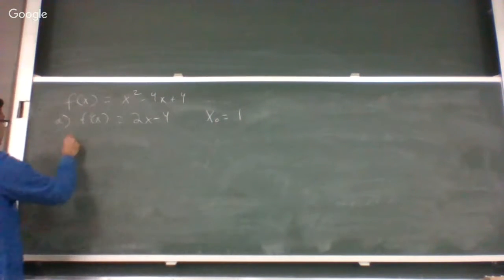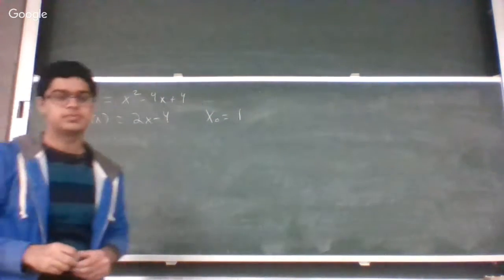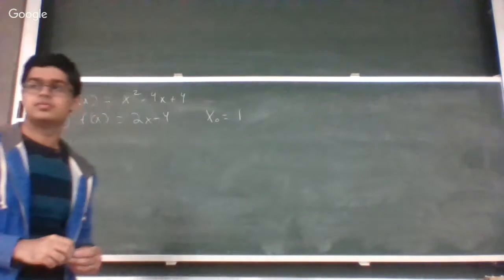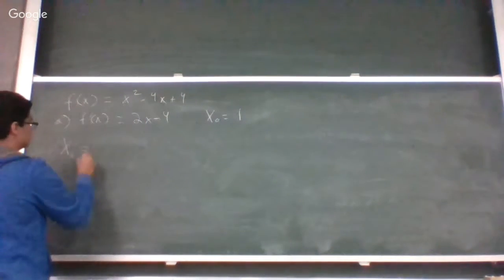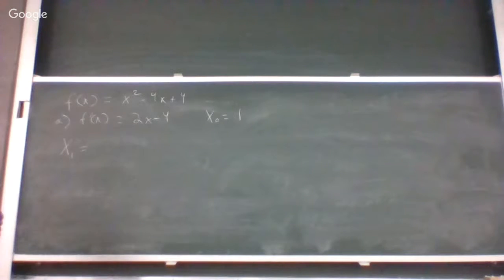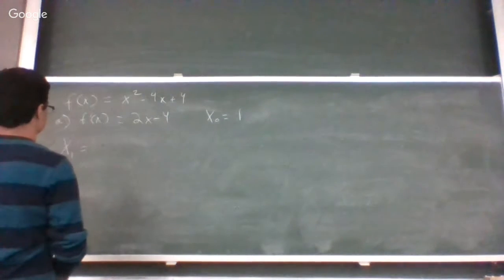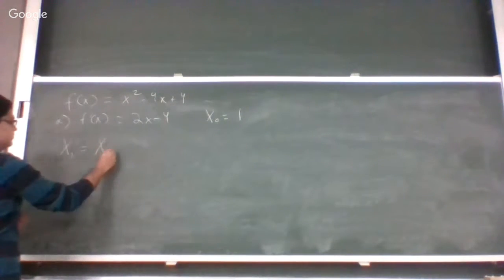Do you guys remember Newton's method formula? x sub n plus 1 equals x sub n minus f of x sub n over the derivative of x sub n.